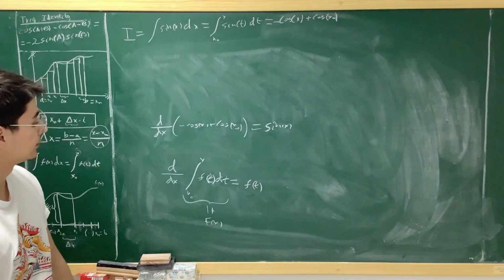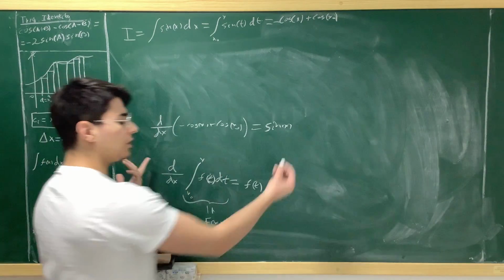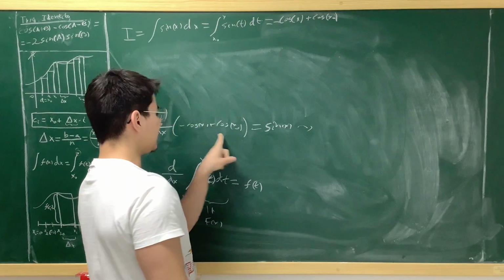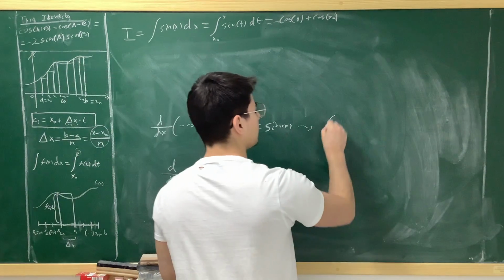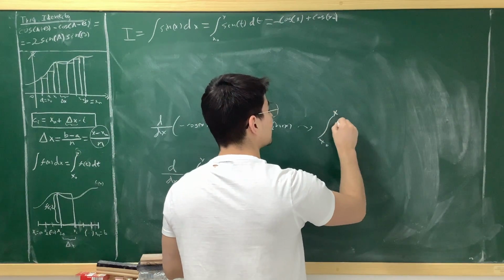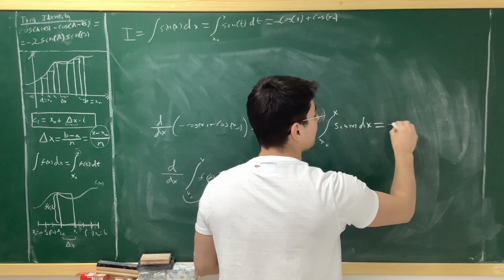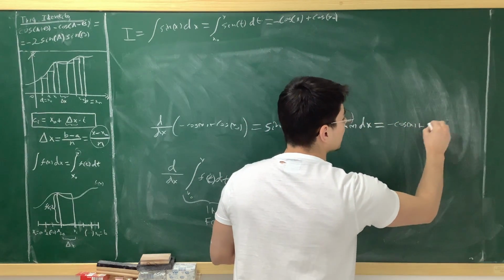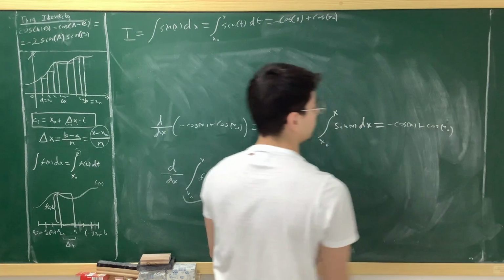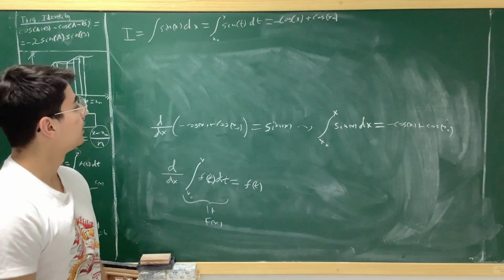So from this, the integral from x naught to x of the sine of t dt is just minus the cosine of x plus the cosine of x naught. That's how you would do it.